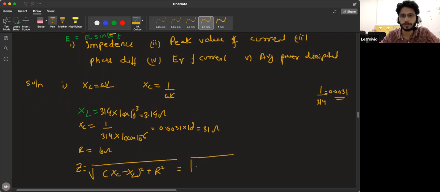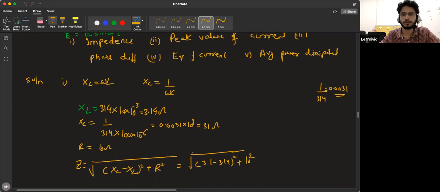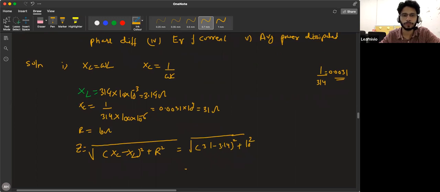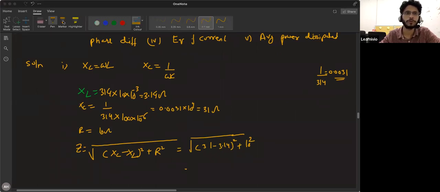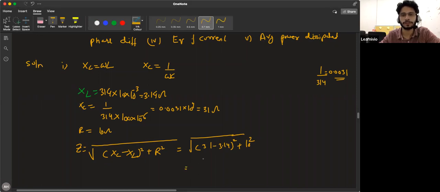So it's 31 minus 3.14, square, plus 10 square. 31 minus 3.14 is about 27.86. Squared, that's 776, plus 100, it's 886 ohm.